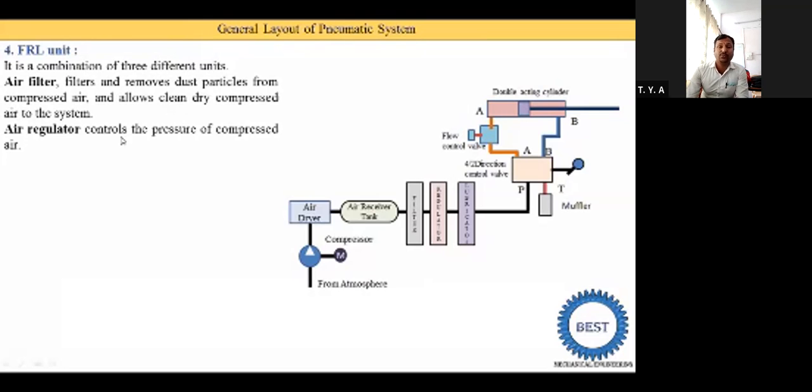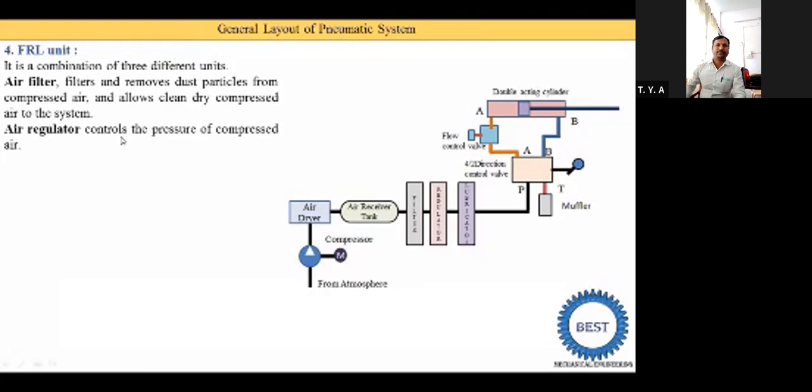One or two questions will be there based on this FRL unit. So for that purpose, you should know the purpose, function, or basics of this FRL unit, and that basic is mentioned within one line in this slide. I request you to please listen carefully. In detail we are going to see, but from the examination point of view, in short, you should know.